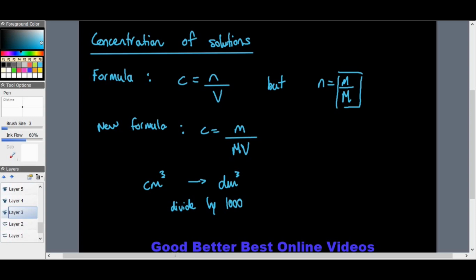You divide by 1000 because 1 milliliter is equal to 1 centimeter cubed, and 1 liter is equal to 1 decimeter cubed. So 500 milliliters is half a liter. Your normal Coke bottle, 500 milliliters, half a liter. That's the conversion there.